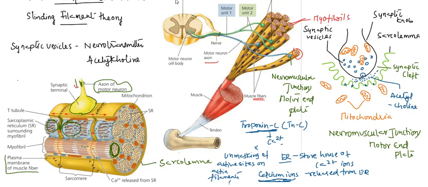So this will result in the binding of the myosin head with the active site of the actin filaments. We'll see the animation also. I'll show you the animation, but first we'll finish off the cycle, how it actually takes place.